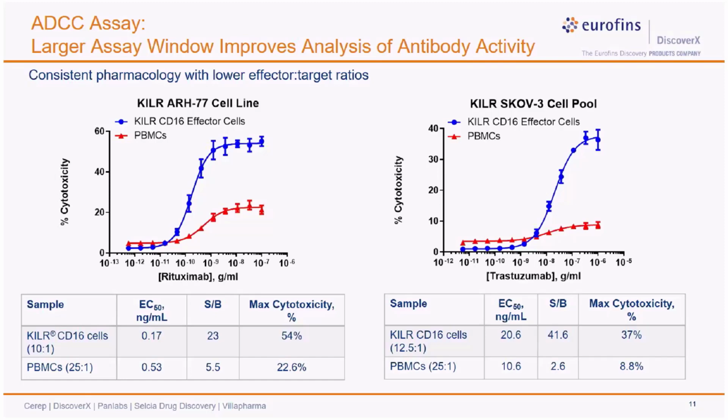This data set demonstrates a highly robust ADCC assay from the Killer CD16 effector cells versus PBMCs. We have seen some of our customers reviving their projects using these Killer CD16 effector cells for their drug candidates that they had set aside just because they were not able to obtain a reasonable assay window with PBMCs.